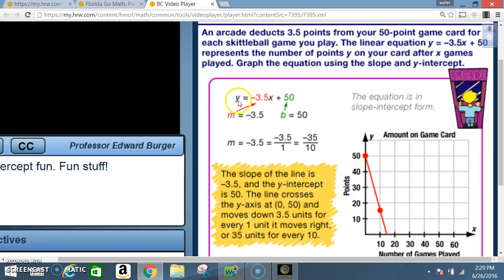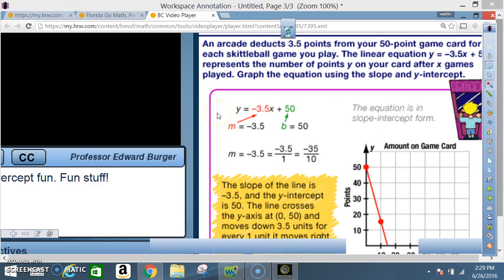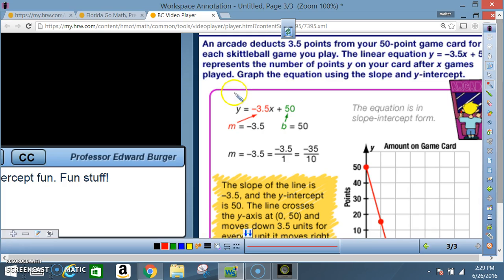All right, now for those of us who are a tad bit confused, we're going to break it down a little bit more for you. Don't forget, we're following our equation, which is y equals mx plus b. So m is our slope, negative 3.5, and b is our y-intercept.